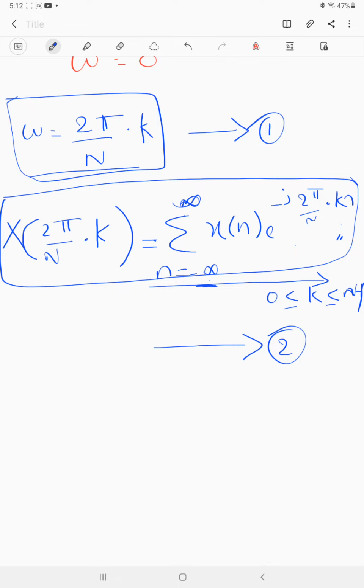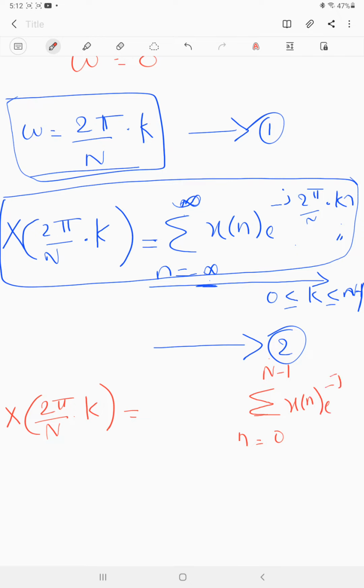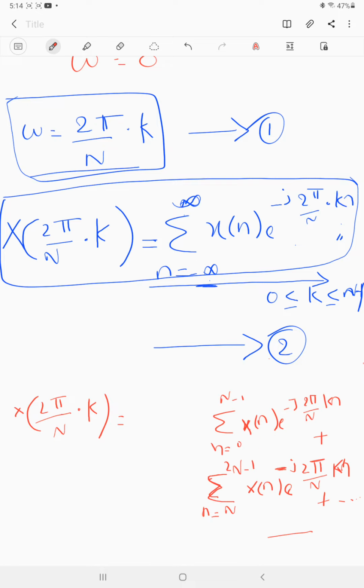If we expand the above equation, we can write it as x of 2 pi by n into k is equal to the summation of n equal to 0 to n minus 1 of x of n e to the power of minus j 2 pi by n into kn.